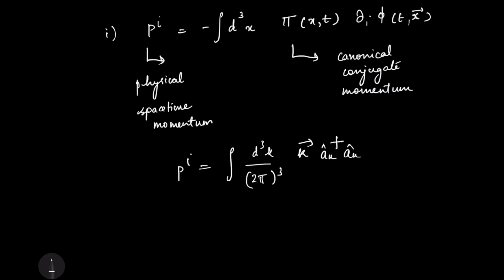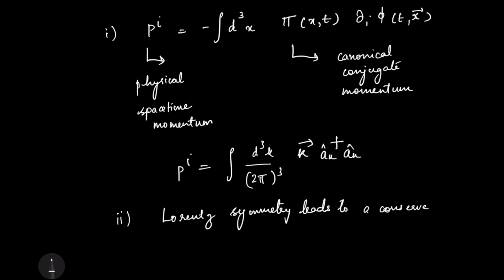Then there is another symmetry that is conserved. Lorentz, so this system also has a Lorentz symmetry. We have already seen in the action that it is Lorentz invariant. So Lorentz symmetry leads to a conserved charge, which I represent as M mu nu.